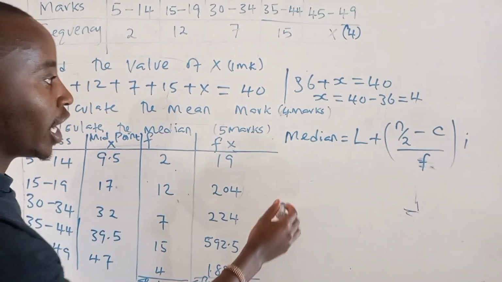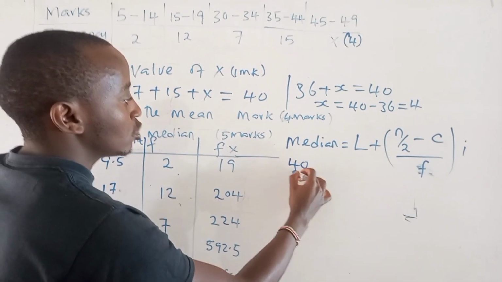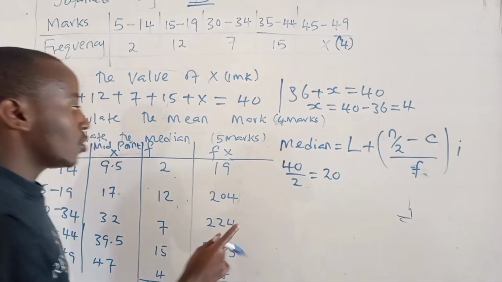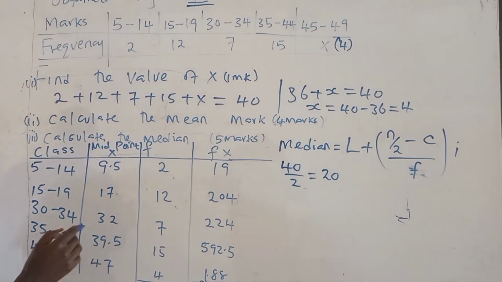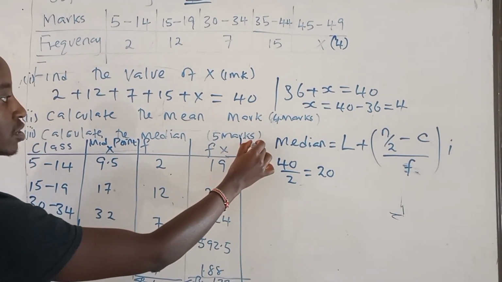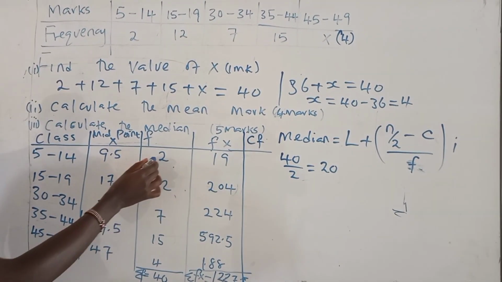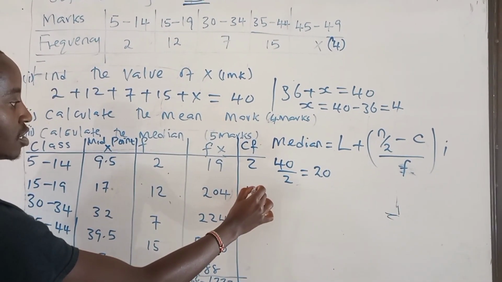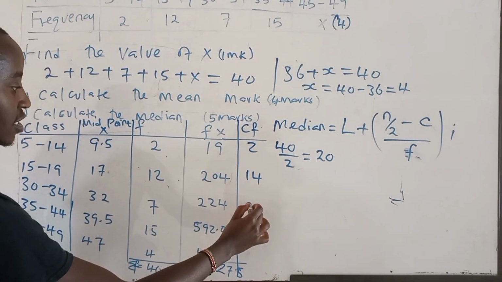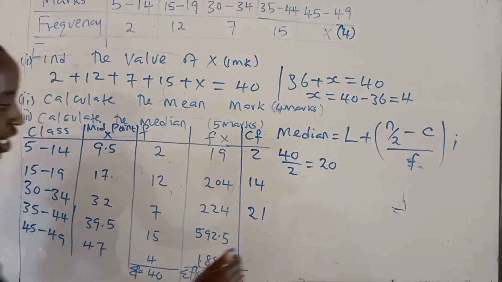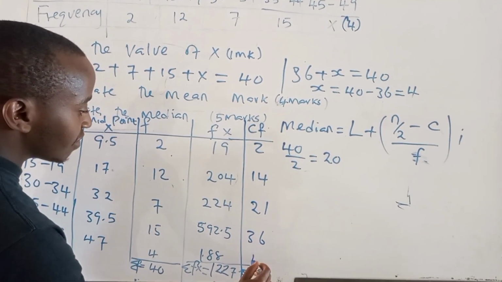So N over 2, 40 over 2, will be 20. Where does the 20 lie? We require a column of cumulative frequency whereby we have 2, we add 12, we get 14, we add 7, we get 21, we add 15, we get 36, and finally 40.